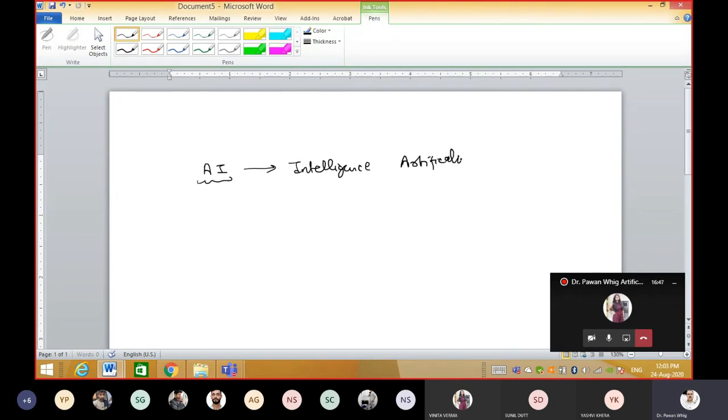Artificially means we want to give intelligence to some machine or some model or some design. Let us suppose this is our design. First of all, understand this thing, then I'll read all the slides for you. So this is our design.